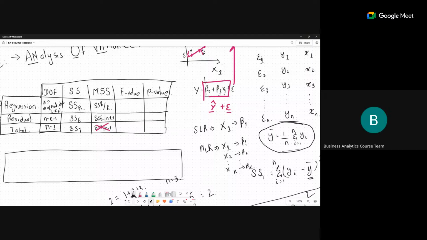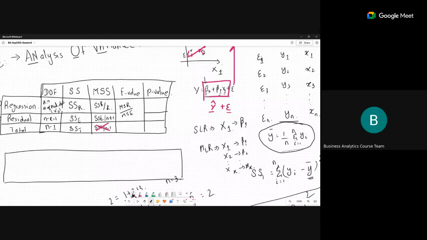So I want to compute my F statistic. What is my F statistic? Can someone tell me? It's MSR by MSE. That is all.